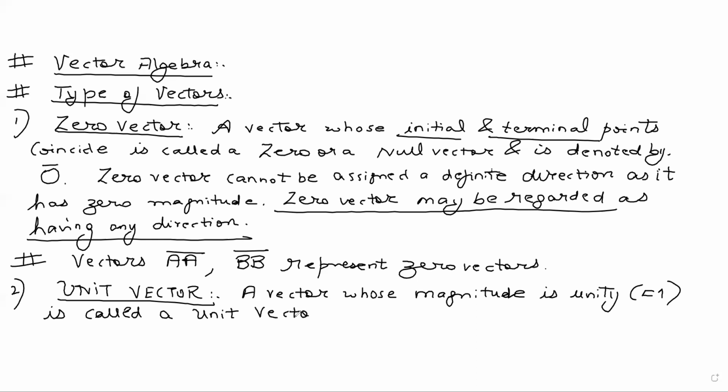So a vector with magnitude equal to 1. Another way of saying it, if the length of the vector is 1, that vector is called a unit vector.